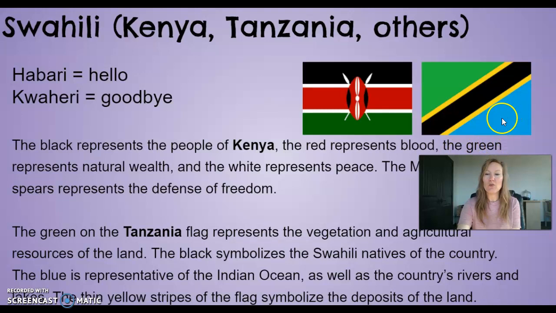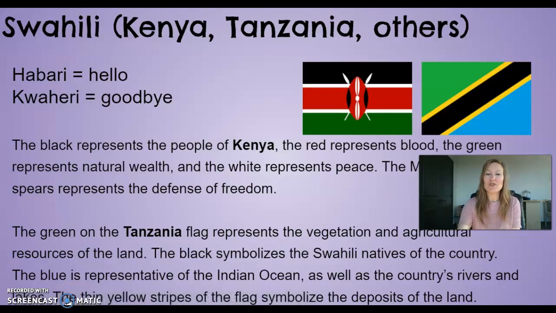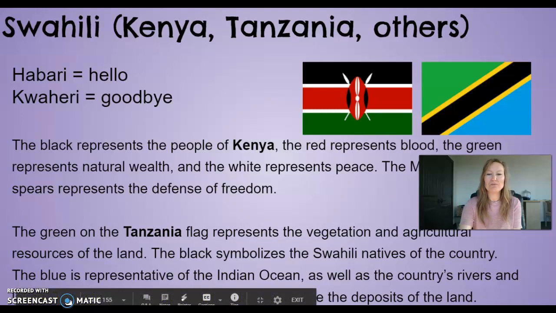And then the blue down here represents the Indian Ocean, which borders their country, as well as the country's rivers and lakes. And then you have the thin yellow or gold stripes, and that represents the deposits of the land, so the minerals that they are able to harvest from their land. So really interesting flags, different colors, different structures. It's kind of cool to see something different.